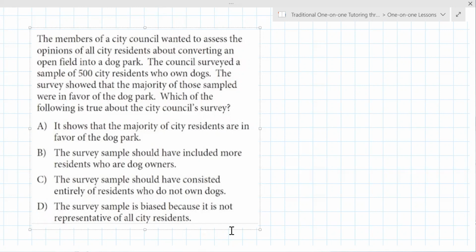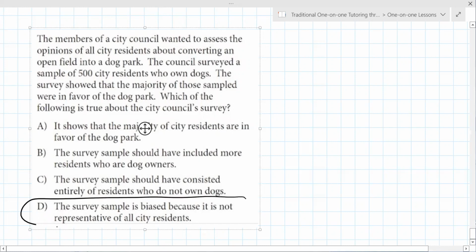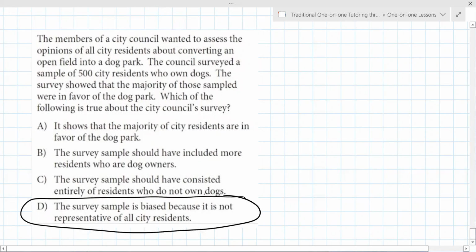Yeah, exactly. I mean, that's how ridiculous that is. So yeah, exactly. It is D because of that. And you should have started bottom to top, but does that always work? No. Because if they just said they surveyed 500 residents, then it would have been A. If they said without the dog, one or two words can make the whole difference.